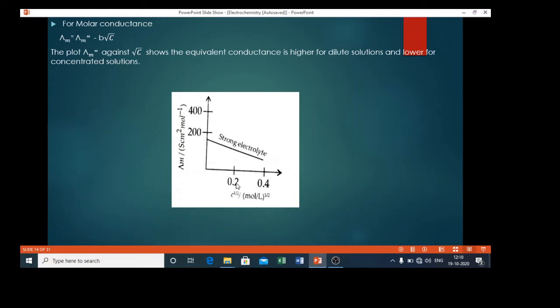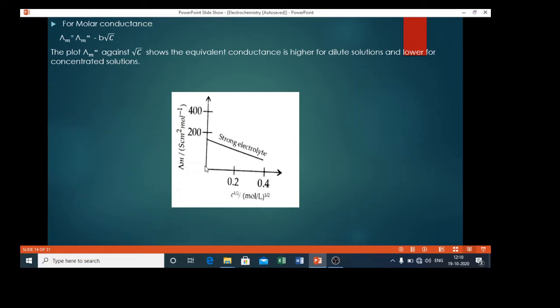When the concentration increases, the molar conductance or equivalent conductance decreases. The meaning is that at low concentration, the value of molar or equivalent conductance is very high in the case of a strong electrolyte.